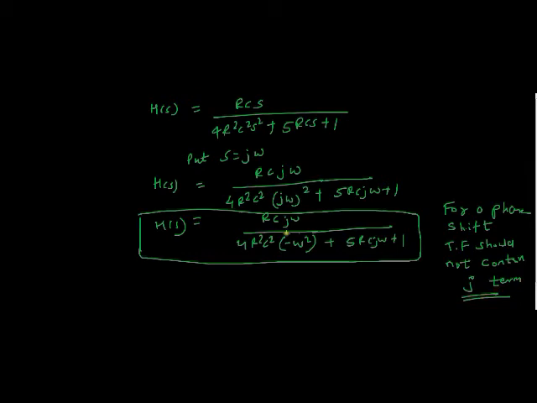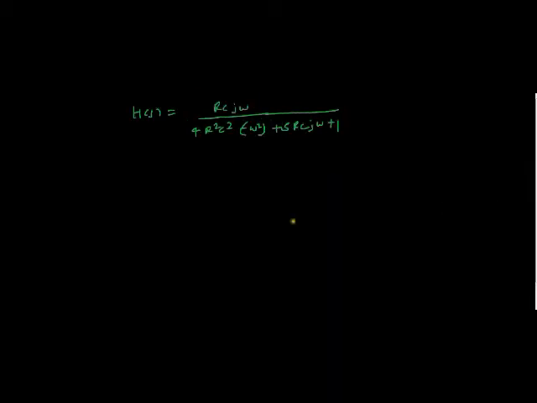So now we have understood that we need to eliminate the j term in the feedback network. That is, we want our feedback network to contribute zero phase shift, because the amplifier in the forward loop will contribute zero phase shift. In order to satisfy the necessary condition for the Barkhausen criteria, our total phase shift around the loop should be 0 degrees. So we'll see how to eliminate the j term.